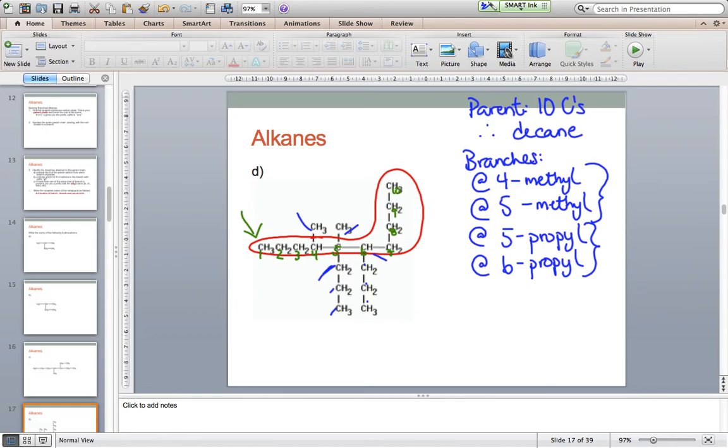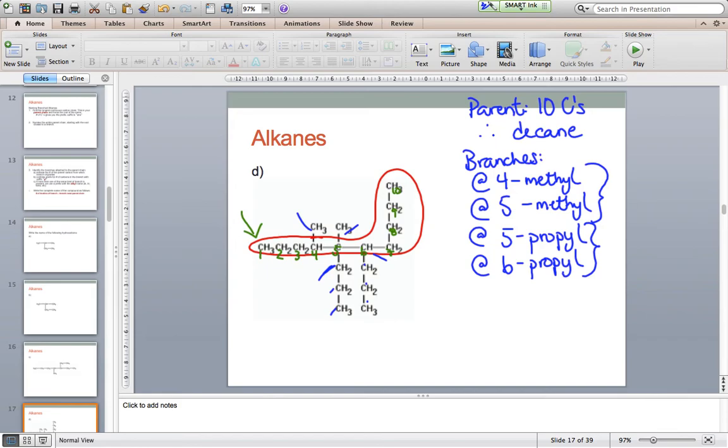Now, one other thing that doesn't come up in this example, but you should make note of, is that these prefixes, the di, tri, tetra, don't get involved in the alphabetizing of the branch names. So if you had a dimethyl and then just one ethyl branch, you would still list the ethyl branch first, if that makes sense. If it doesn't, come see me. I'll point out an example in your homework where that takes place.